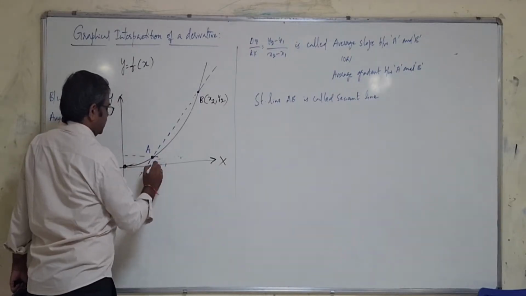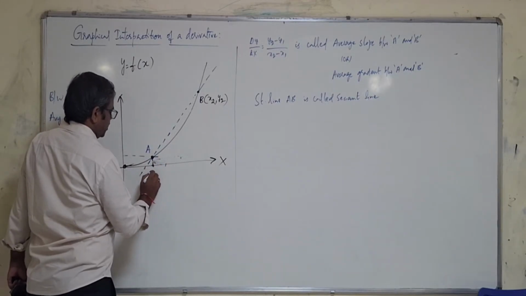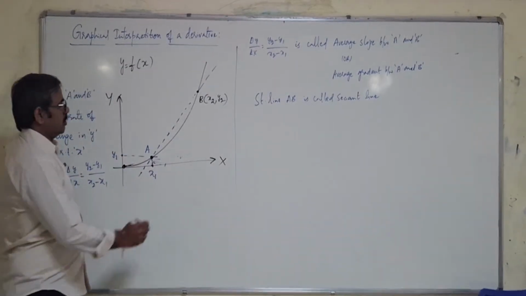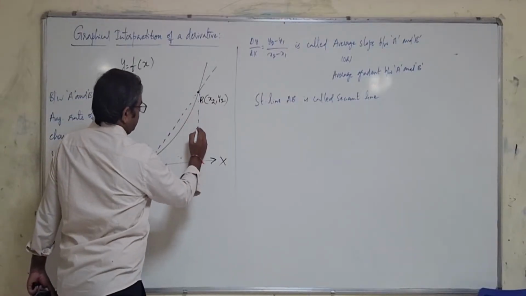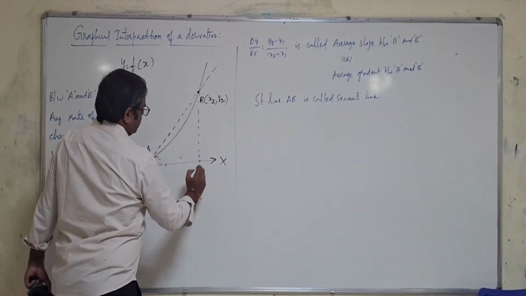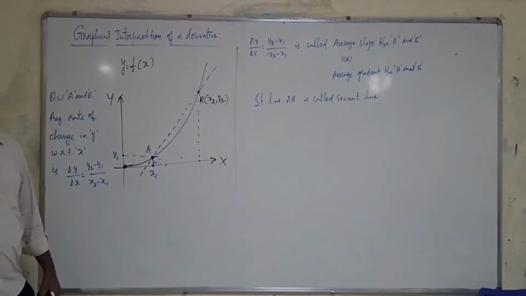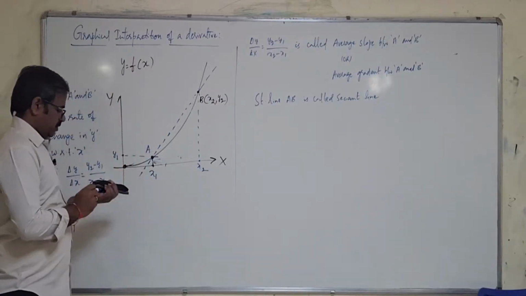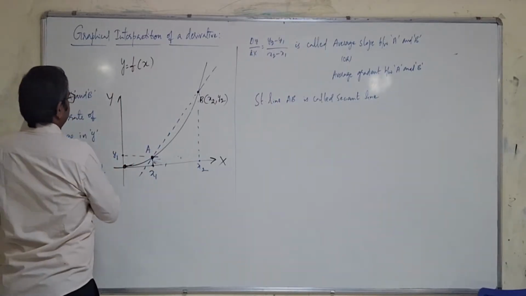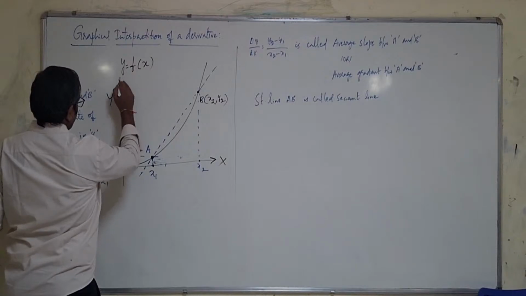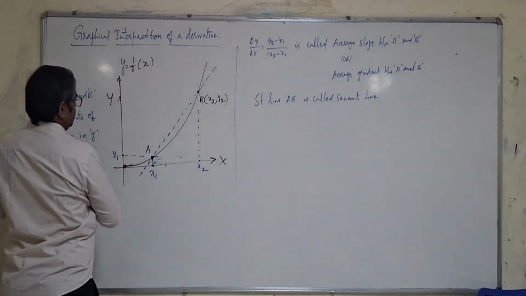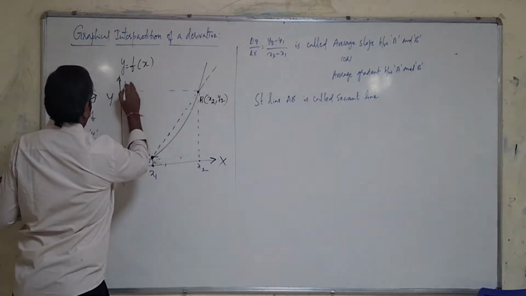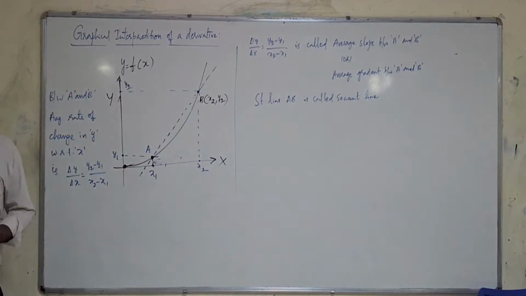This point is A. What is its x coordinate? X1. What is its y coordinate? Y1. Look, what is the x coordinate here? X2. Y coordinate? Y2. All right, listen to me.